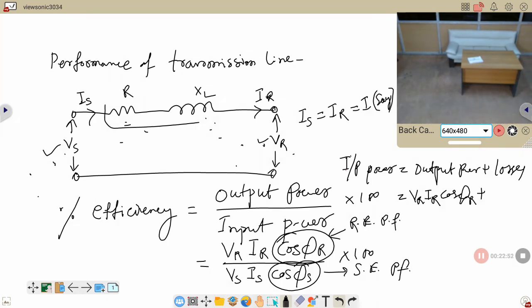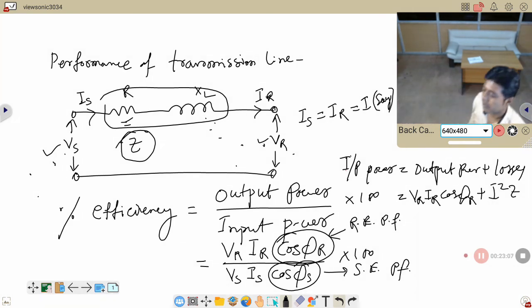If I consider this is R, Z is the impedance, I is the current, so the loss is I squared R. Okay. So this is the way of calculation of the efficiency.